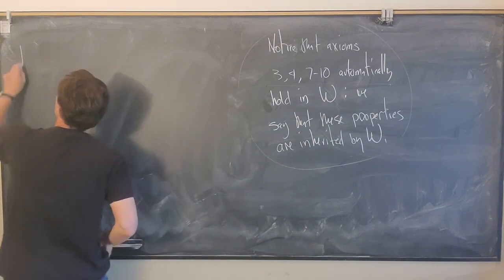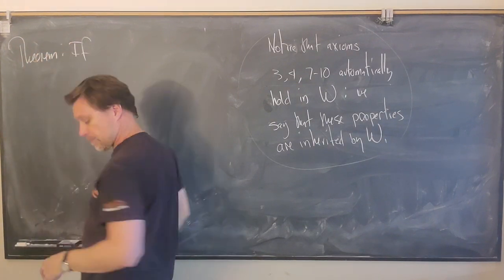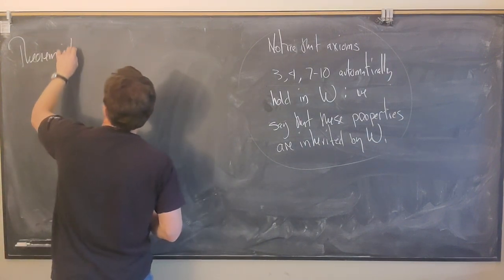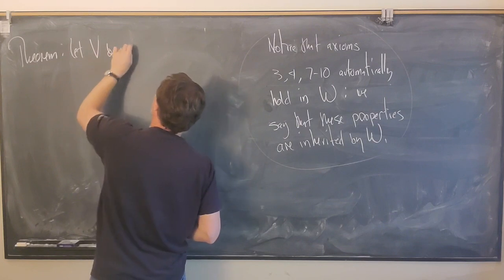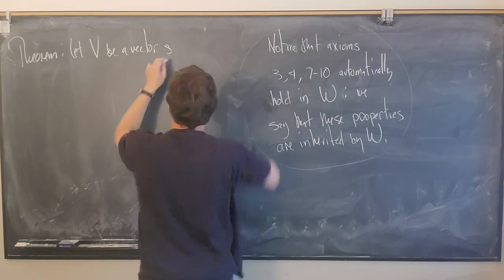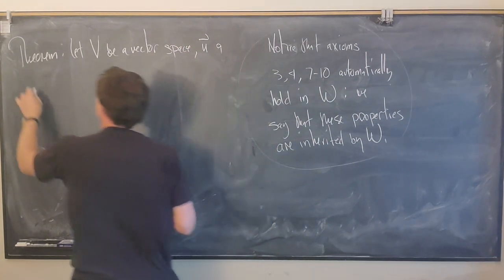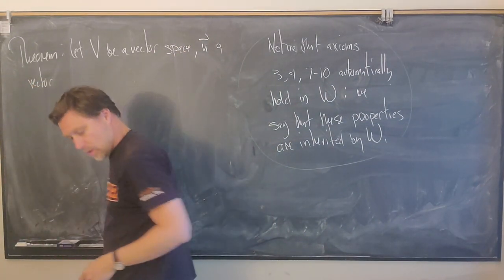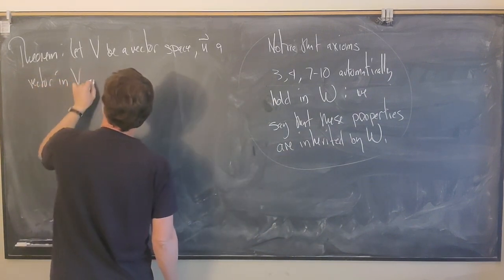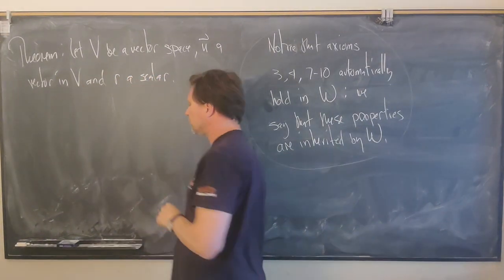Now we'll do some examples in a few minutes, but I need some facts here. So let's call this a theorem. Let V be a vector space, U a vector in V, and let R be some scalar.